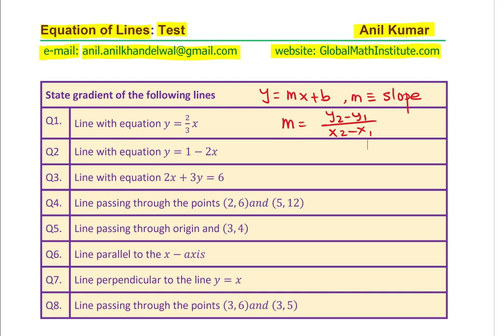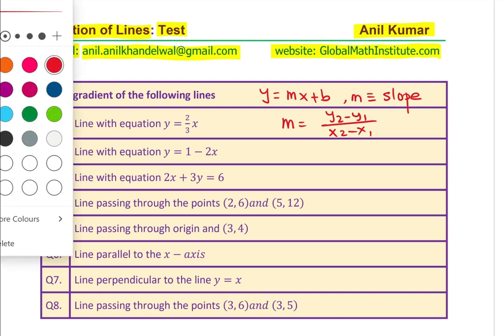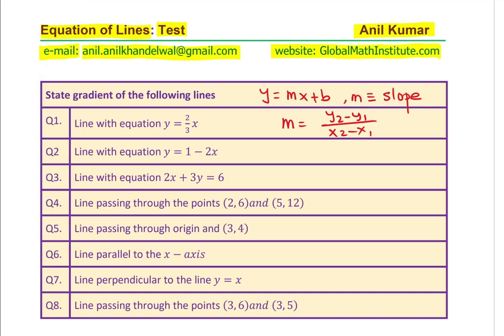So in question number 1, we need to find the gradient, right? So gradient means slope. So gradient in this equation is m value. The very first one, straightforward, since we have already given you the equation slope intercept form. So here the gradient is 2 by 3, right? So I'm writing the value for slope here.